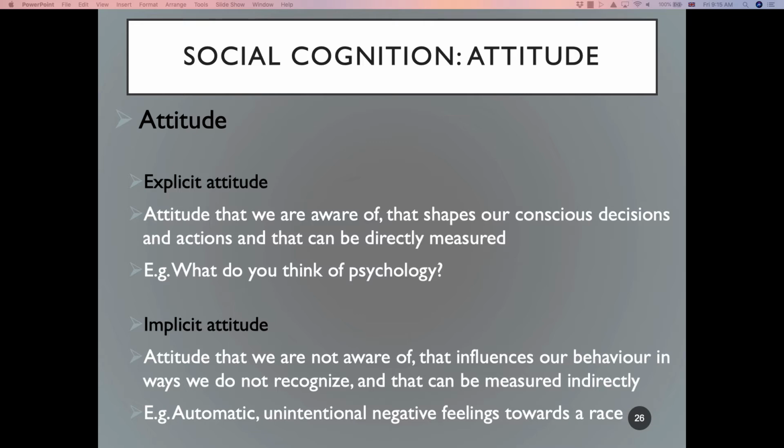Heterosexual, homosexual, racist, obesity. It's amazing how many attitudes you have that you are not aware of. So the difference is between explicit attitudes you are consciously aware of, and implicit attitudes that you are not aware of.